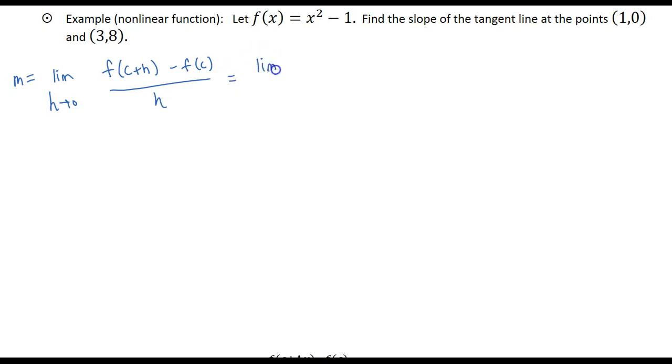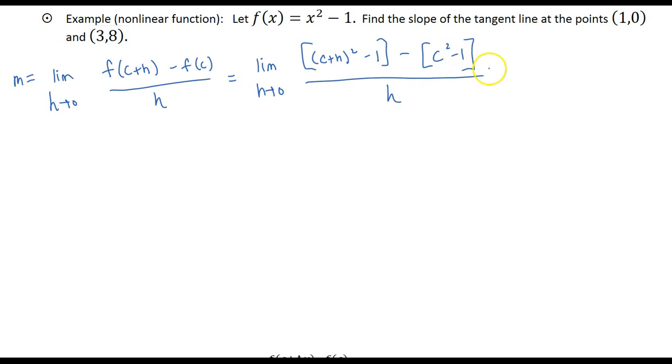So this would be the limit as h approaches 0. f of c plus h is going to be c plus h squared minus 1. I just replace the x with c plus h. And then f of c is c squared minus 1, and that's all over h. So doing the algebra here, that gives me c squared plus 2ch plus h squared minus 1, and I'm going to distribute the negative, so that's minus c squared plus 1, all divided by h.